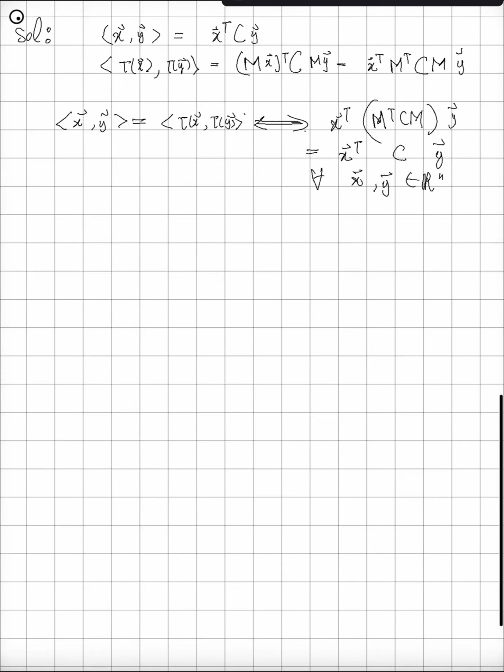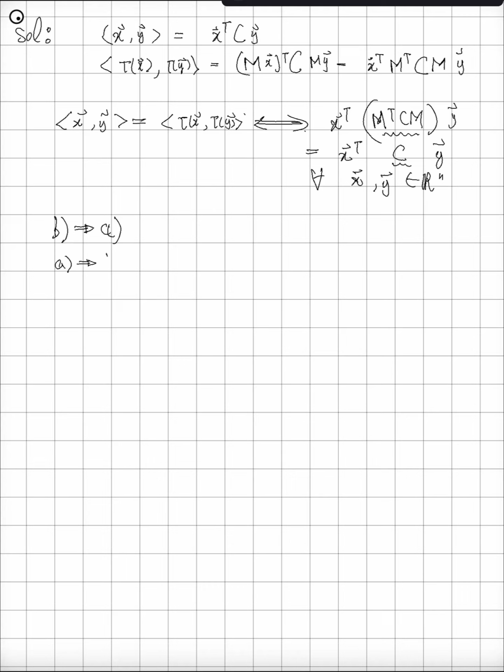In particular, this is telling us that B implies A: if M^T C M equals C, then this is bilinear form preserving.